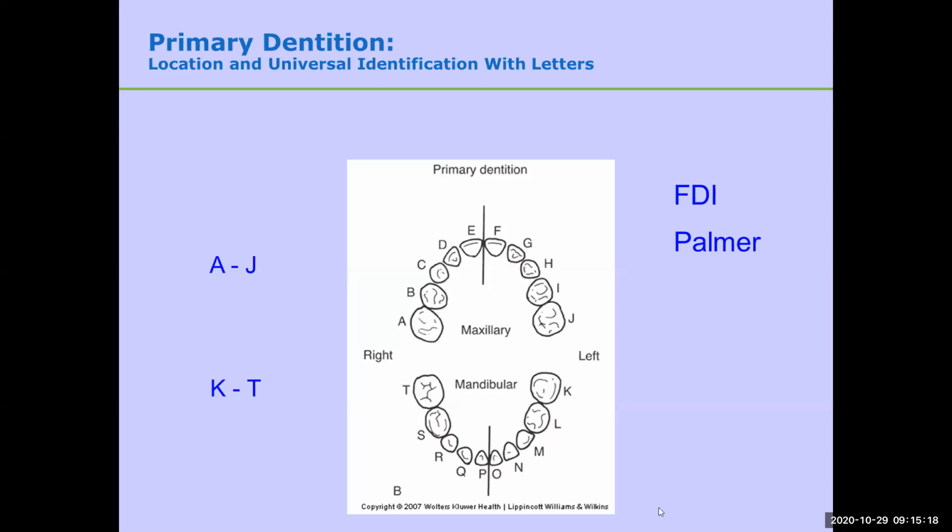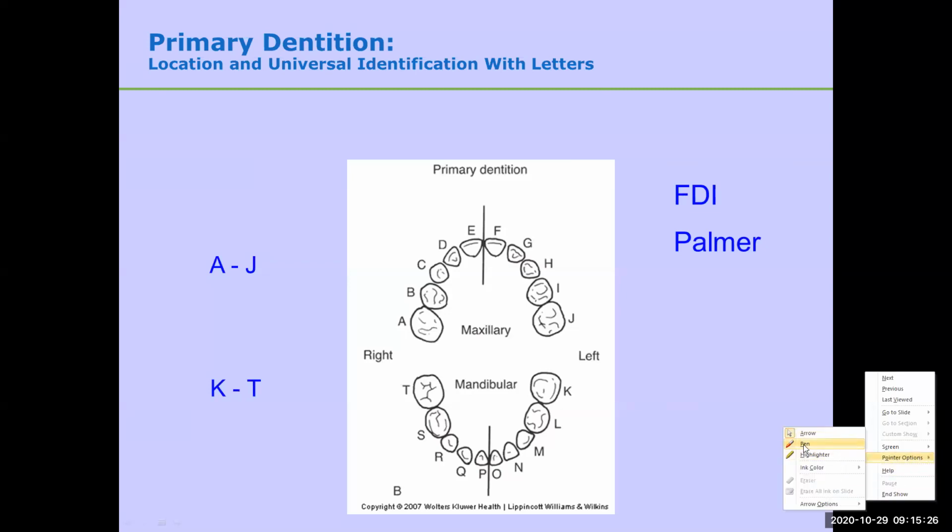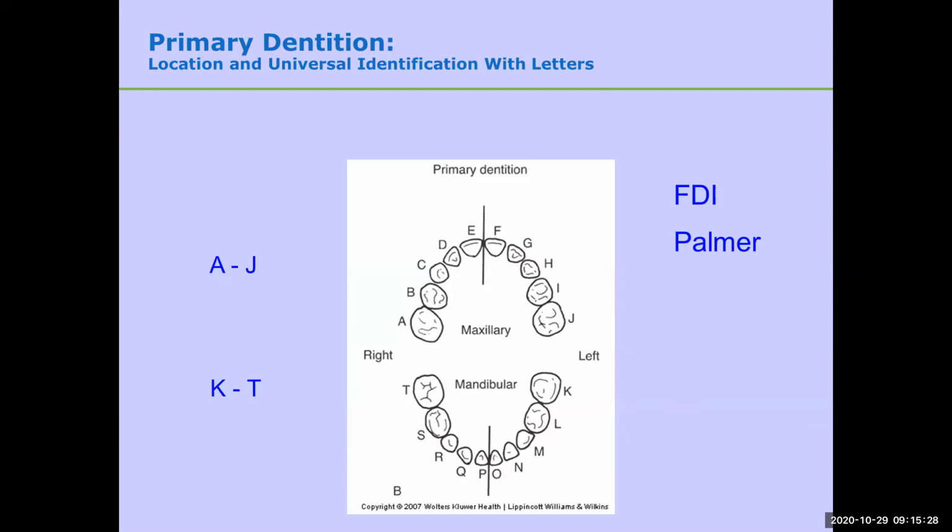Now FDI, which one is that? Which system is that? International? That's the international system. Do you use the cross hatches, or does every quadrant have a number to it? A number to it. All right. So this is going to be 5, 6, 7, and 8.